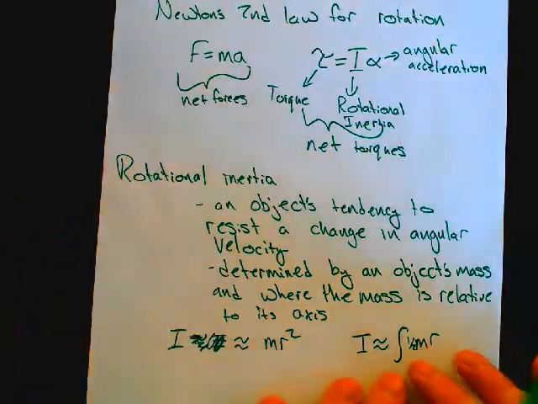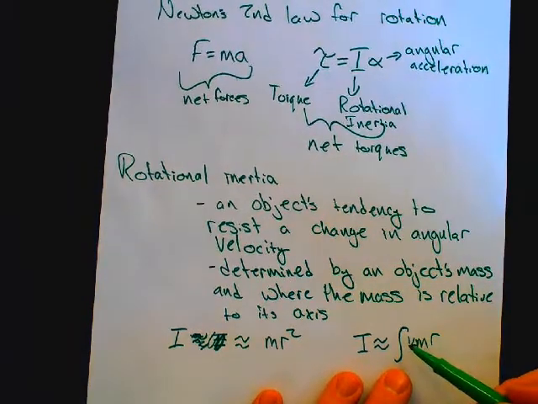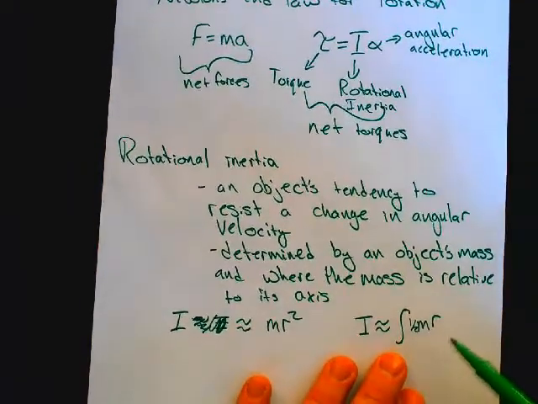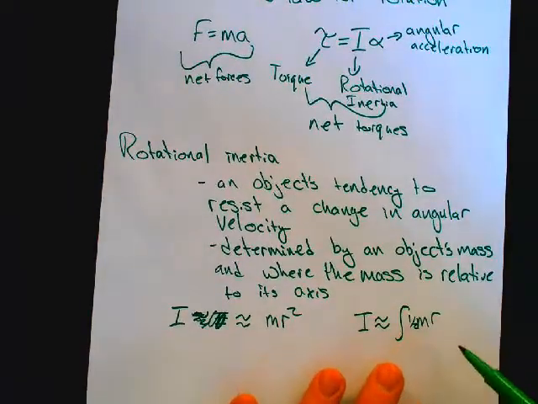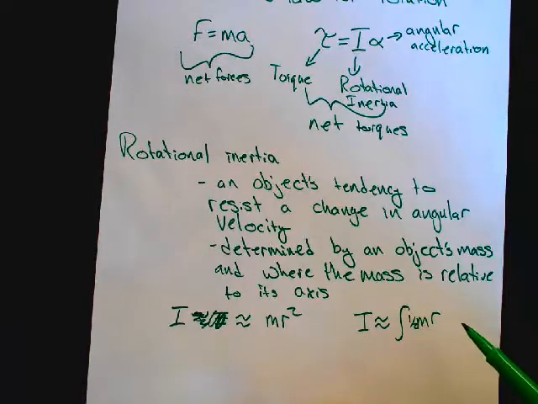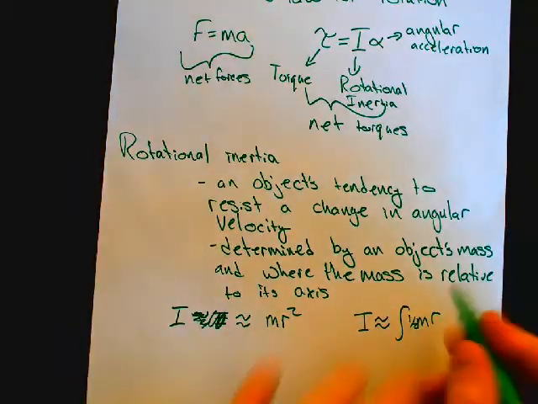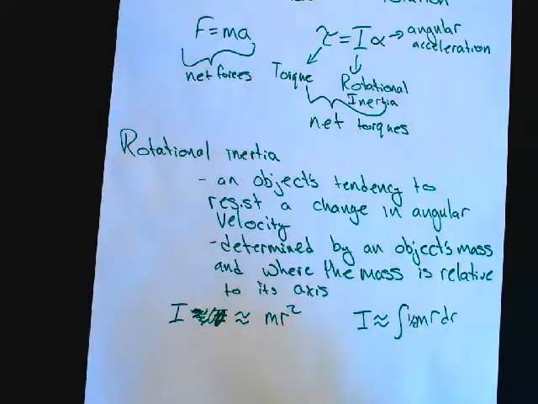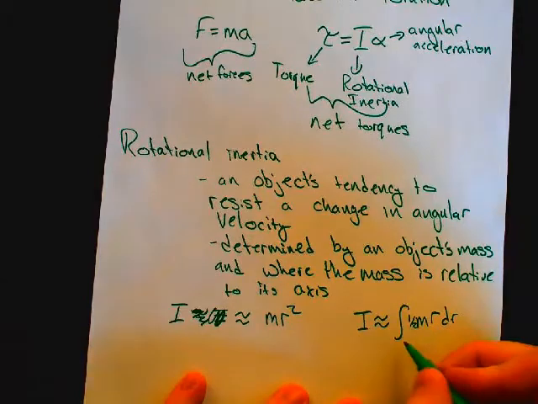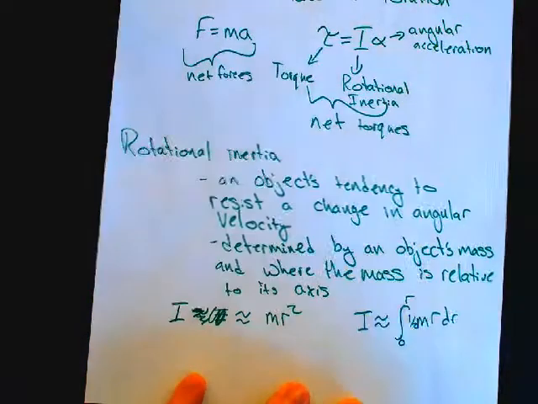Okay, so for calculus students, why would this being an integral matter? Because we're solving for the area over which the radius is distributing the mass, and I should say dr. And I would solve for this from 0 to r.